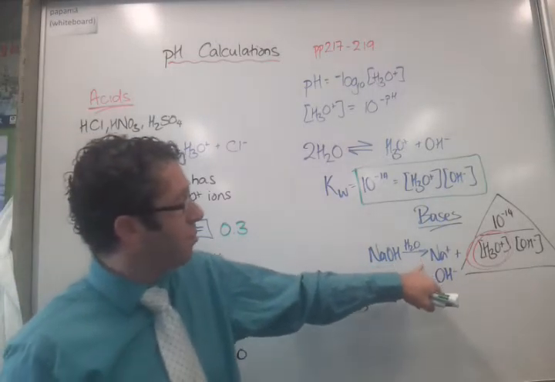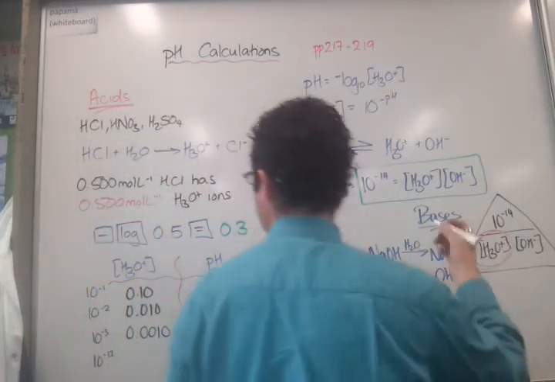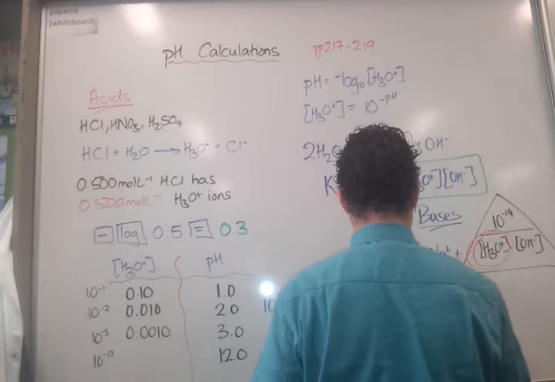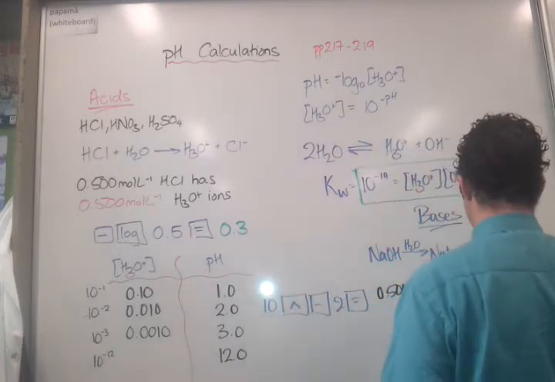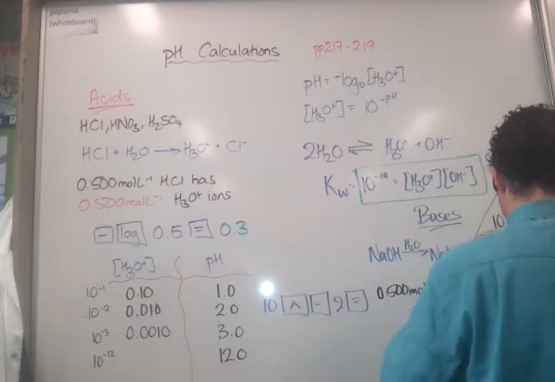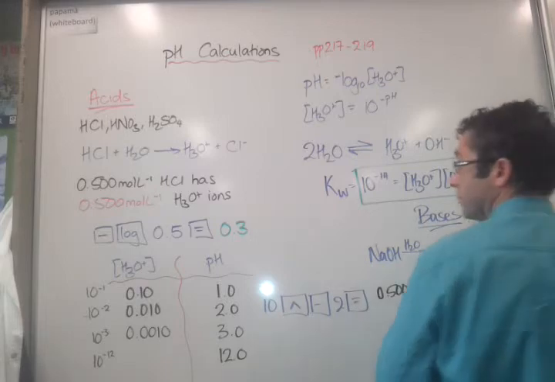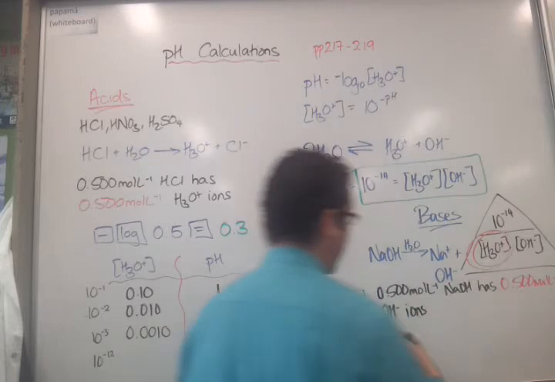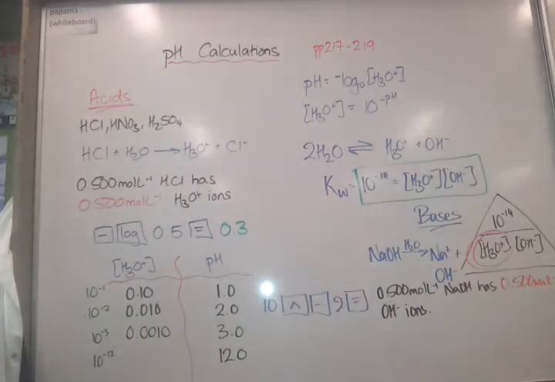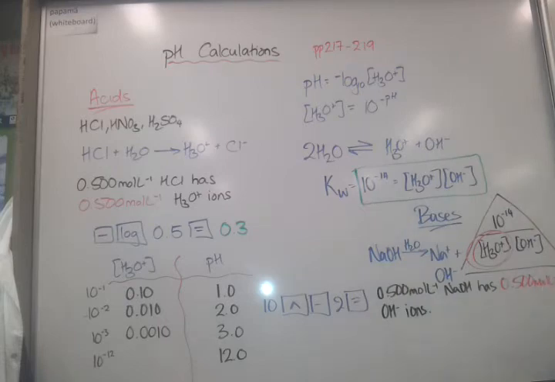That means I've got 0.5 moles per litre of hydroxides. Okay, well, that means that I now know this number here. This number here is 0.5.